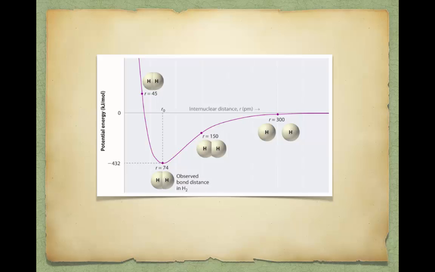So as hydrogen atoms get farther and farther apart from each other, they reach the point at which there is no attraction between the atoms. So at the beginning of this graph, the atoms are too close and as a result they repel each other, and at the end of the graph, if the distance is too great, then there is no attraction. And R equals 74 for hydrogen represents the ideal distance between the atoms to maximize attractive forces.